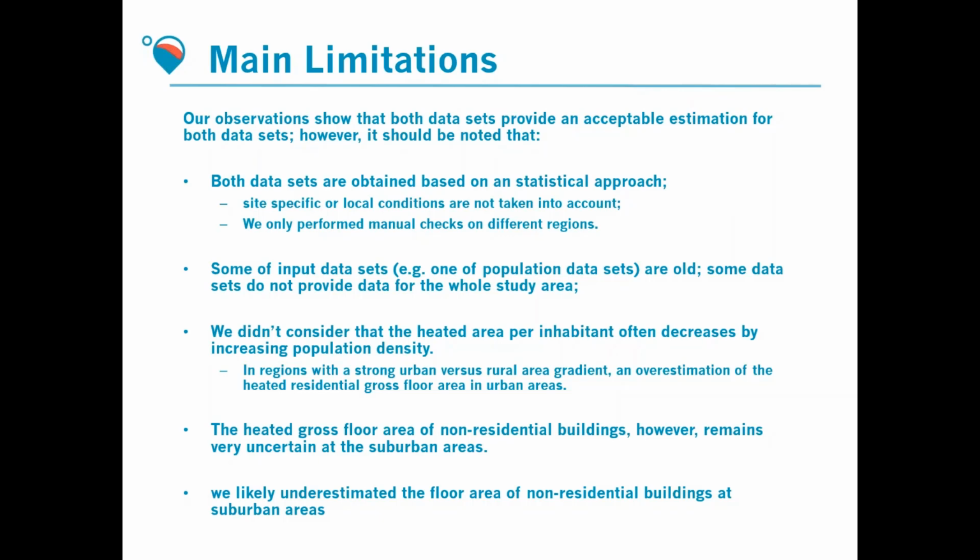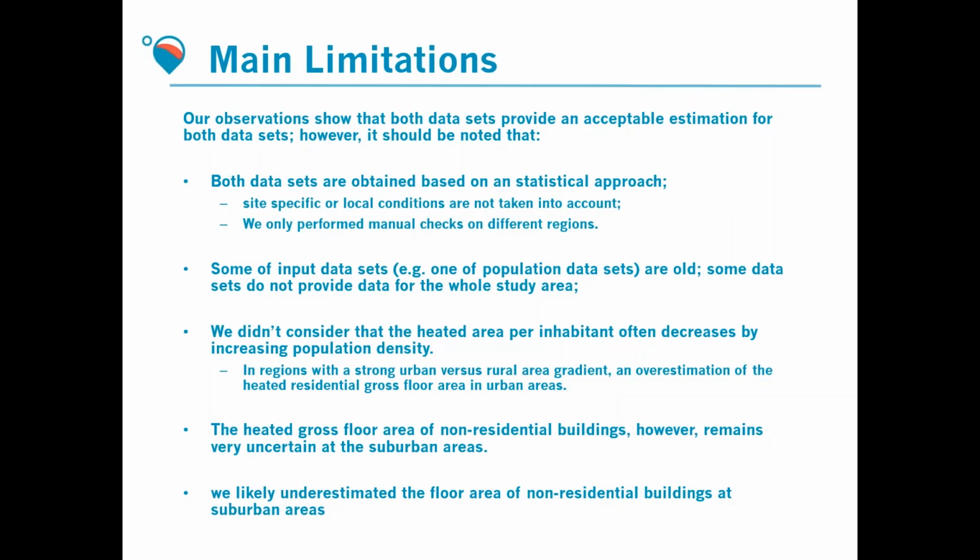Also, we did manual checks, of course, but we didn't cover every single pixel or city across Europe. We did check cities across Europe, but not everywhere. The other point is that some of the input data that we were using were old, like population data, which are from the 2010, 2011 census.